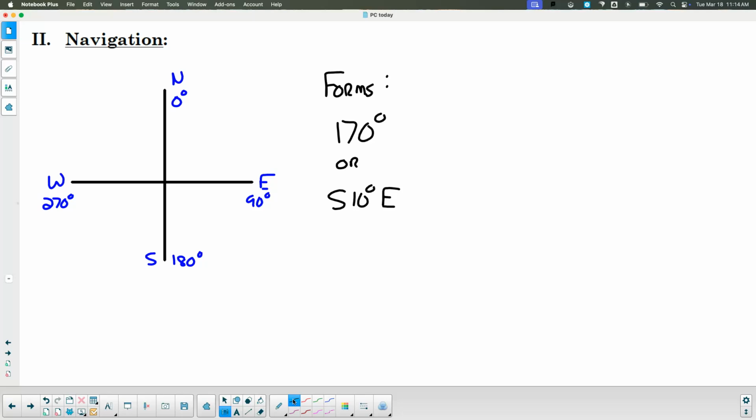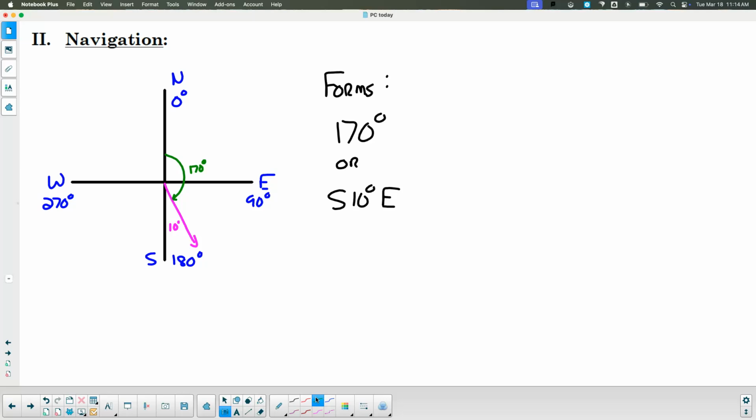Both of those are the same bearing, navigation heading angle. Both of those would be down here, where this is a 10-degree angle, or this is 170 degrees in terms of that.